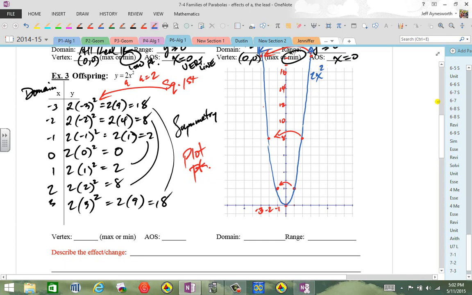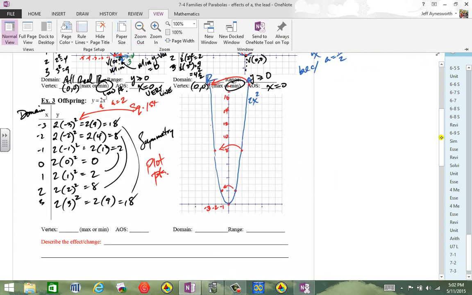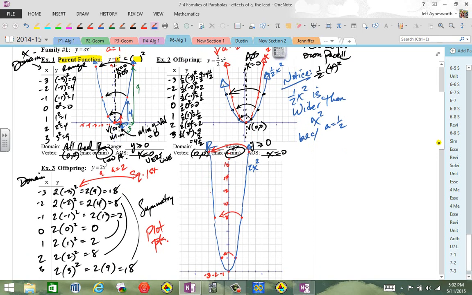Now, if you can't see that this one's more narrow than the other ones, then we got to overlap them, which means we got to plot the 2 other functions on this one. Okay? So let's do that. Let's plot the 2 other functions. Just for funsies here, if you can't see that this one's more narrow than the other one.